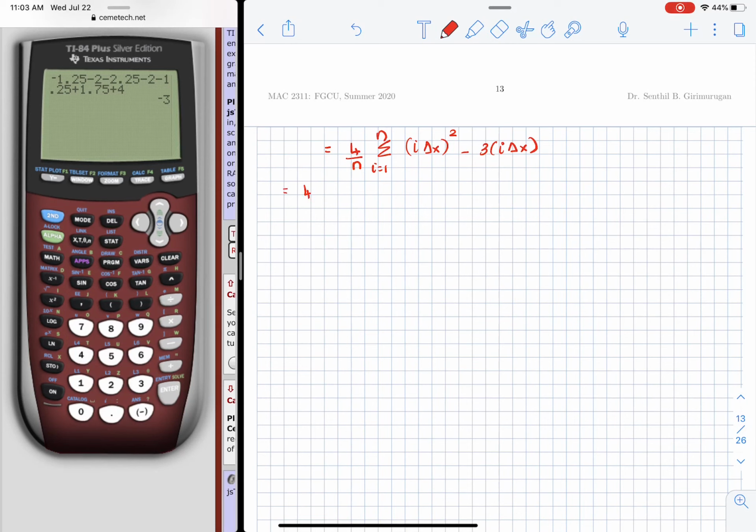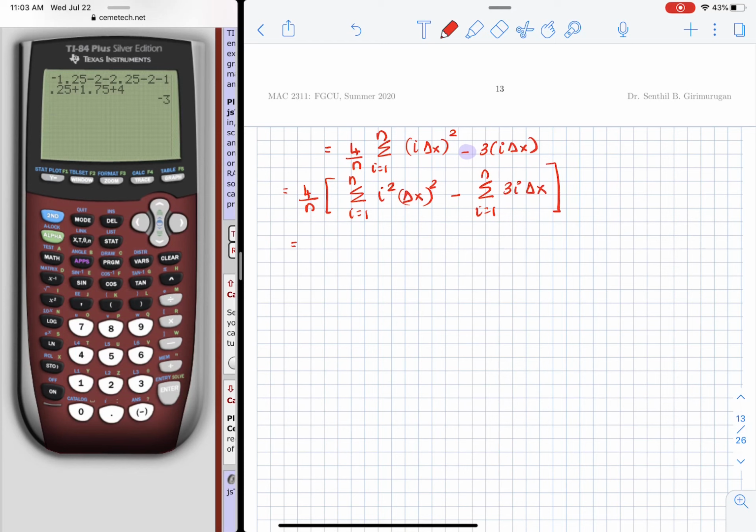We know that we can split the sum because there is a difference. So we can write this as sum i equals 1 to n, i squared, delta x squared, minus sum i equals 1 to n, 3i delta x.